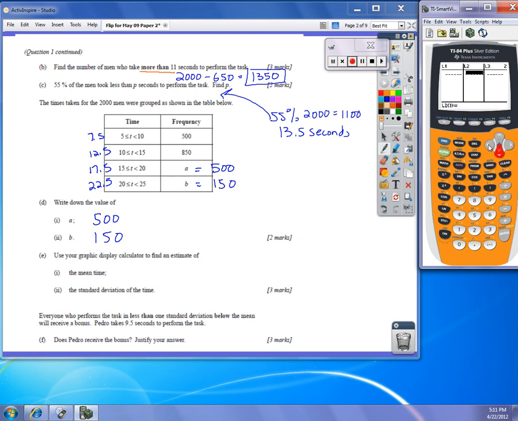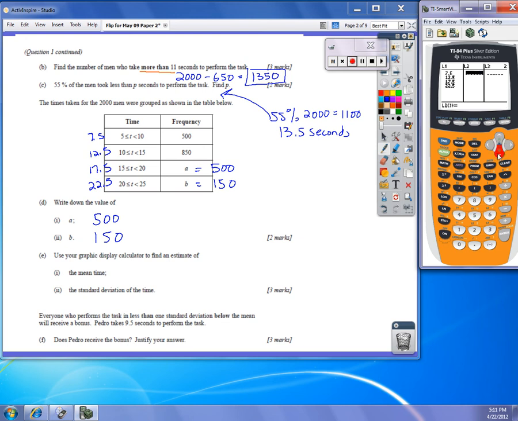And then I'm going to put the midpoints into list 1. So I'm going to have 7.5 and 12.5 and 17.5 and 22.5. And then I need to go back and put the frequencies into list 2.